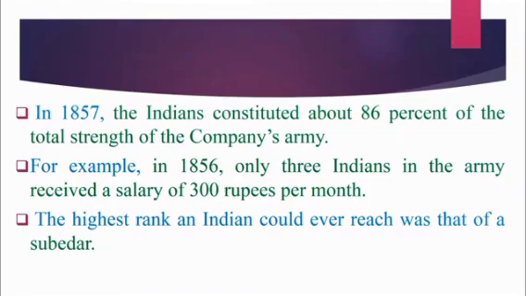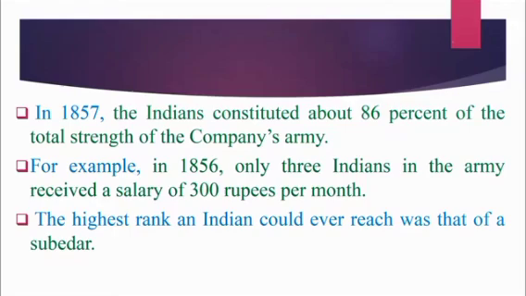In 1857, the Indians constituted about 86% of the total strength of the company's army.